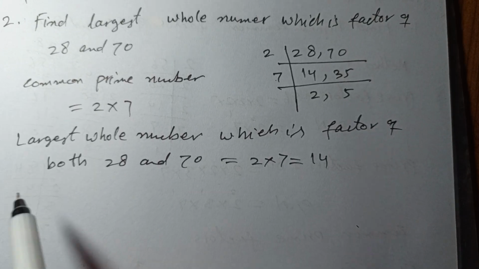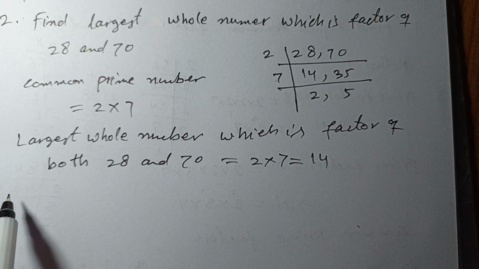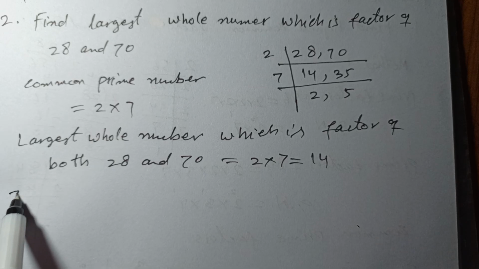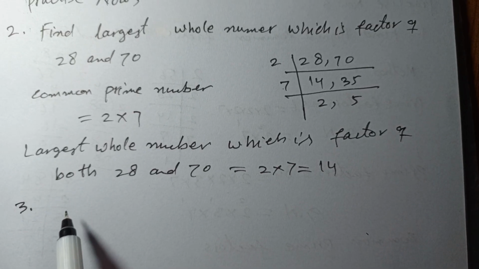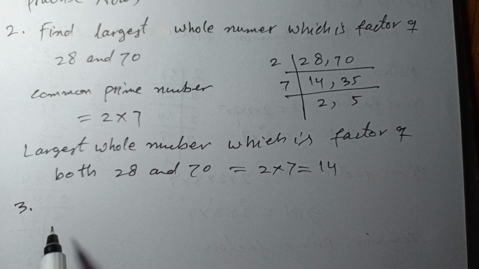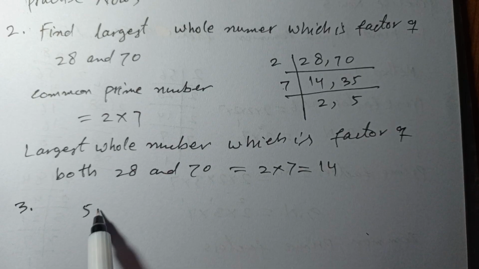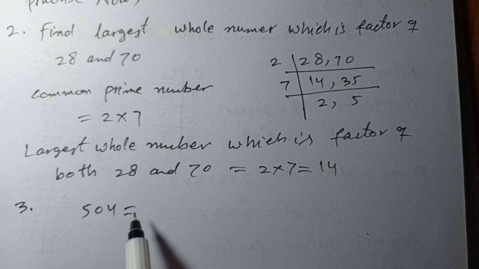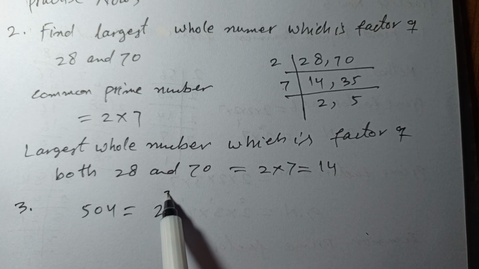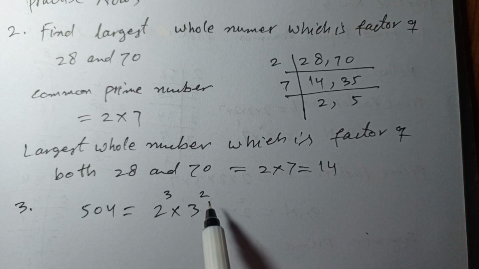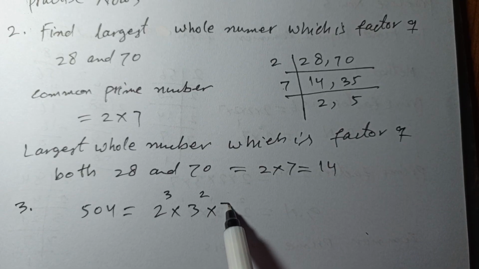It is question number 3 from practice now 5. First number is 504 and its index notation is given, that is 2 raised to power 3 and 3 raised to power 2, then 7 raised to power 1.